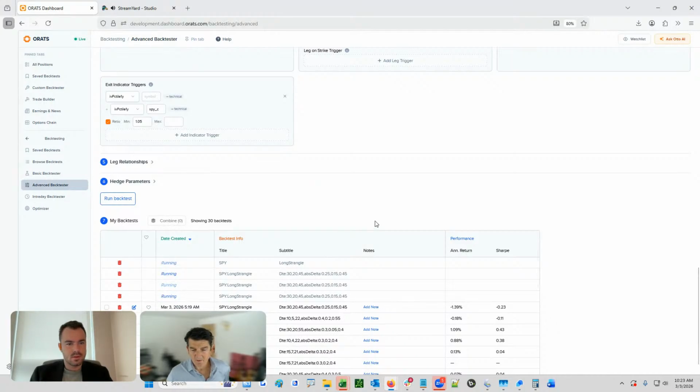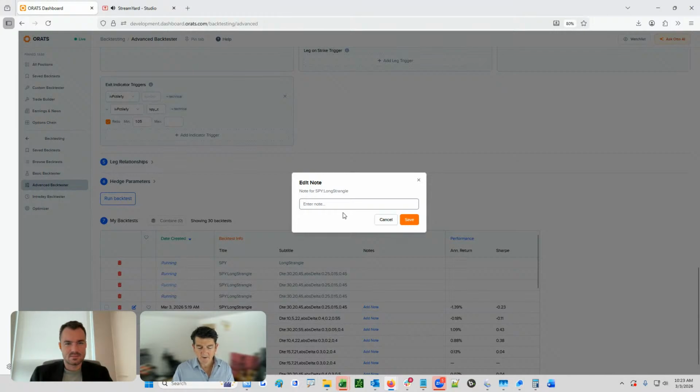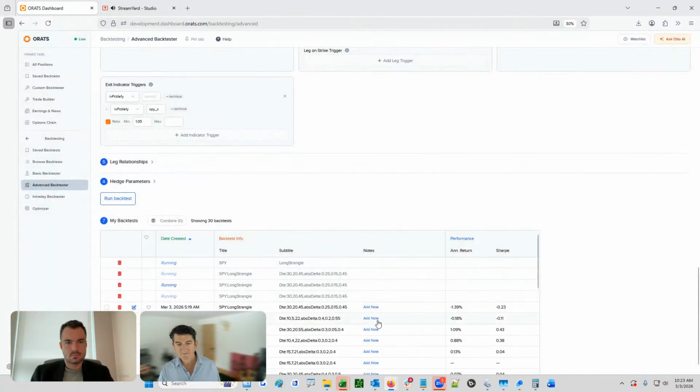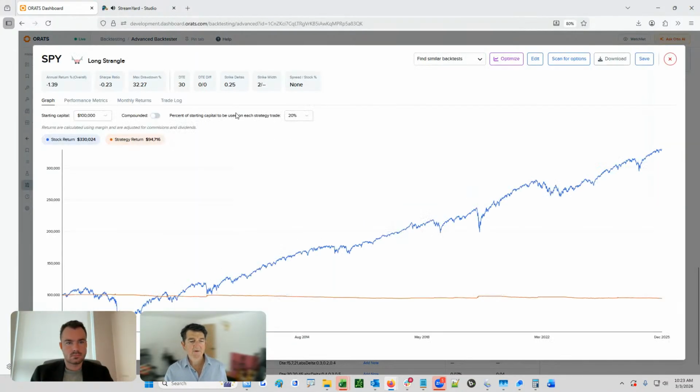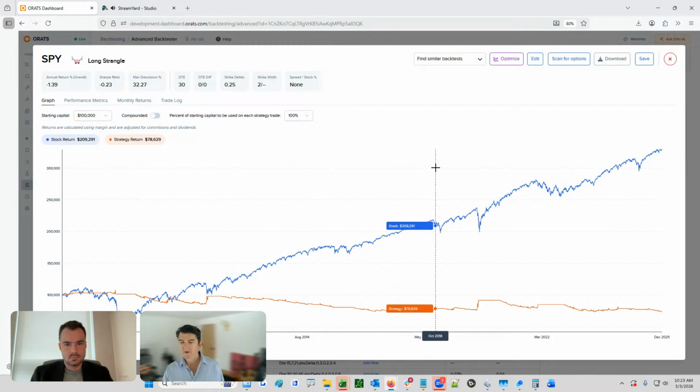All right, so we got our first test back. Yeah, so the first test we'll just say no entry nor exits. All right, so let's take a look at that. So here's a typical long strangle, right? And then you can change this to see the graph a little bit better.